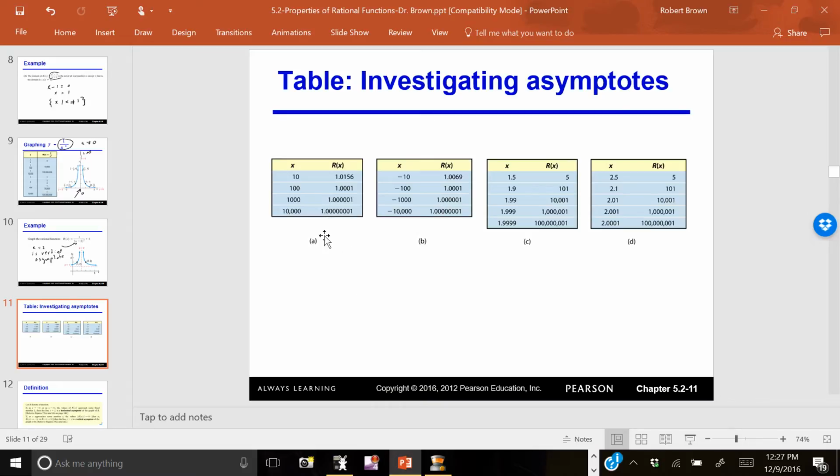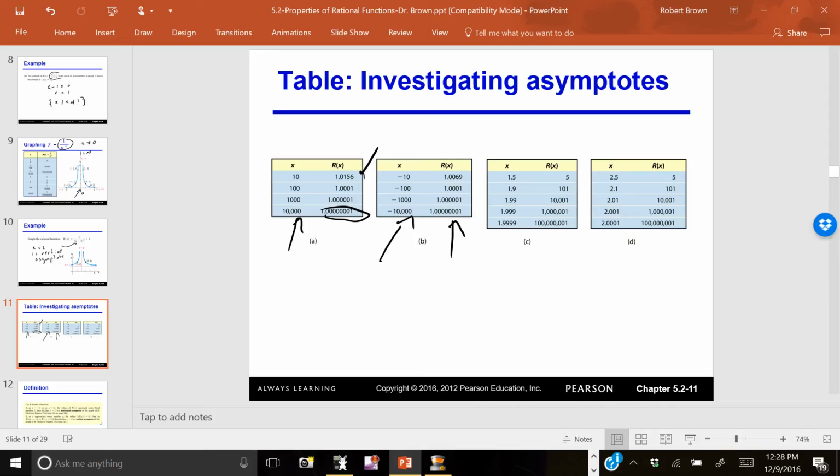Notice at x equal 10, y is pretty close to 1, 1.0156. As x goes to 10,000, you put it in your calculator and you get a number that's even closer to 1. If you put in minus 10,000, you get a number that's very close to 1.